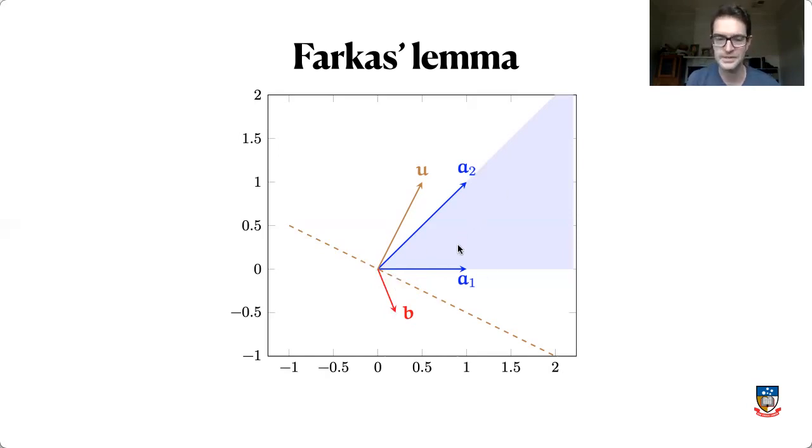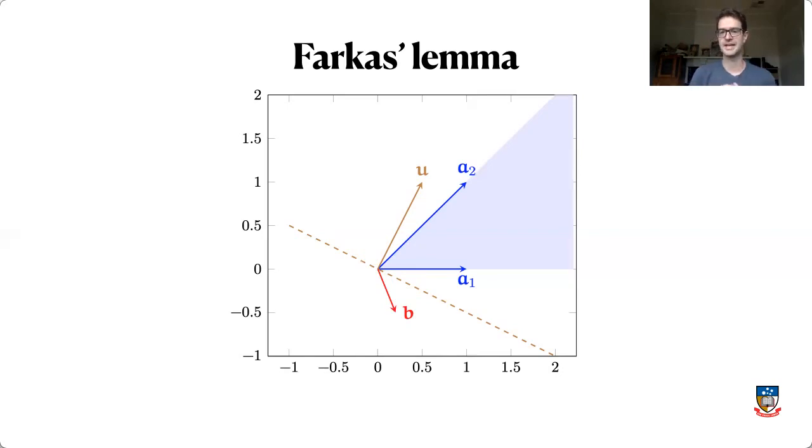This dashed line separates the red vector B from my blue region, and that vector U is just normal to this dashed line here. And that's all that Farkas's lemma is saying, actually.